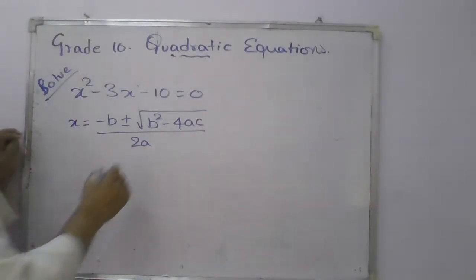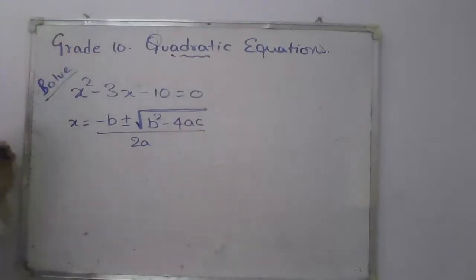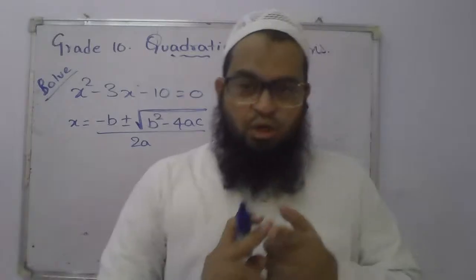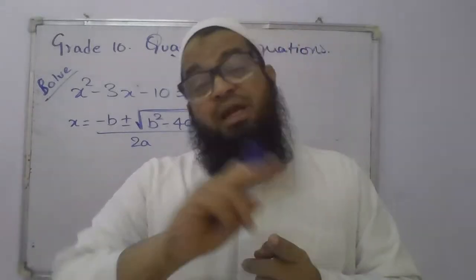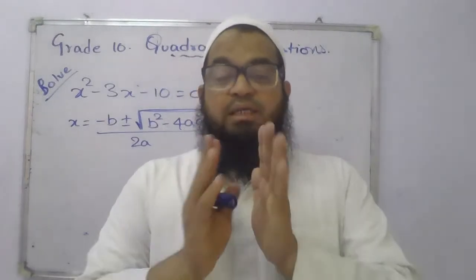In this formula, under the root, you have b square minus 4ac. So, my dear students, if b square minus 4ac is equal to 0 or greater than 0, yes, they are real numbers.